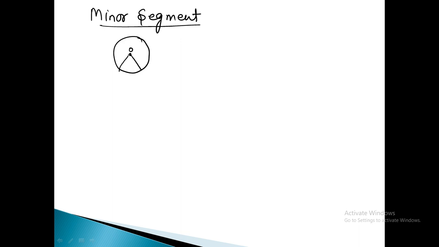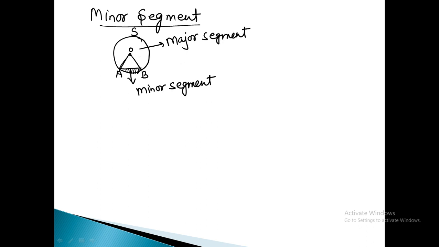These two are radii, O, A, B, and this line is called the chord. This portion is the minor segment and this portion is known as the major segment. These are radii, this is theta, and this is known as r.